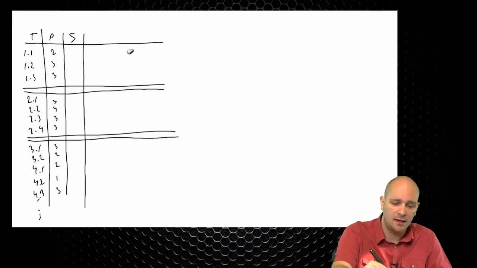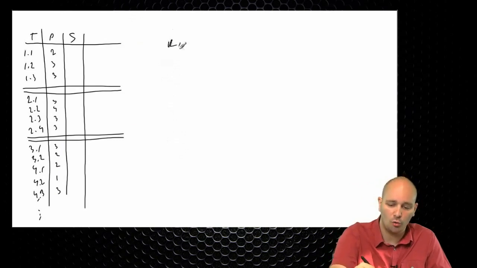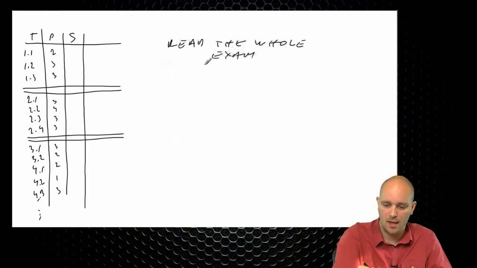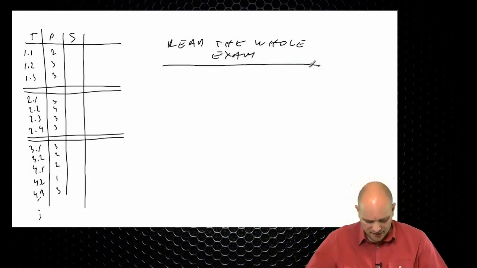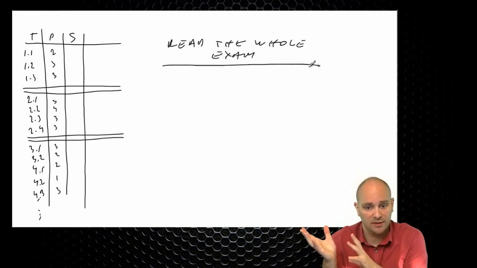And then what you should do is actually read the whole exam. And yes, I mean read it in detail. In troubleshooting, there are going to be very few dependencies between the tickets.